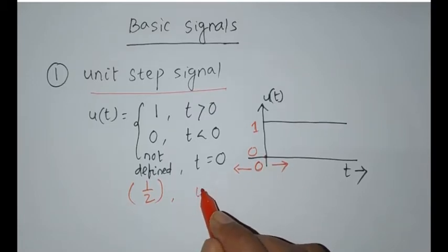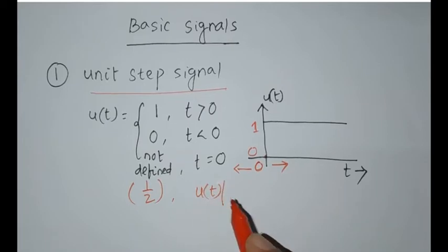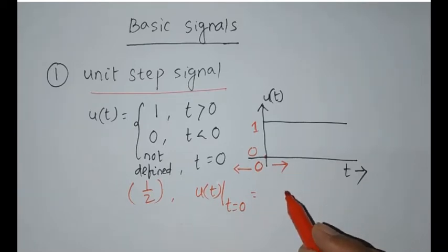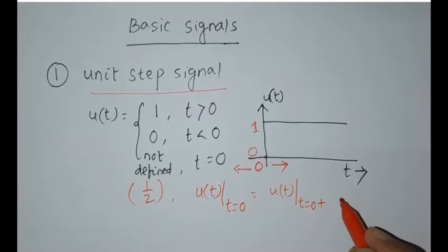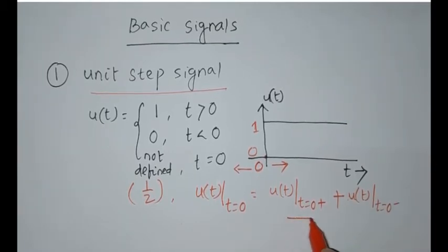So they use this formula: u of t at t equals 0 plus, u of t at t equals 0 minus, divided by 2.